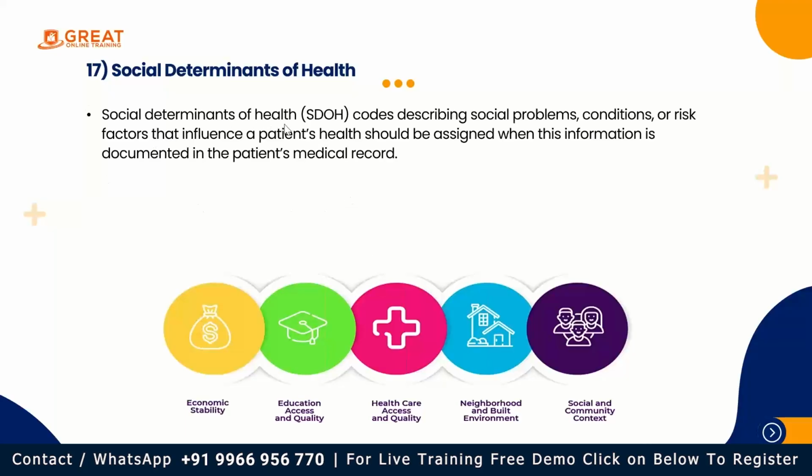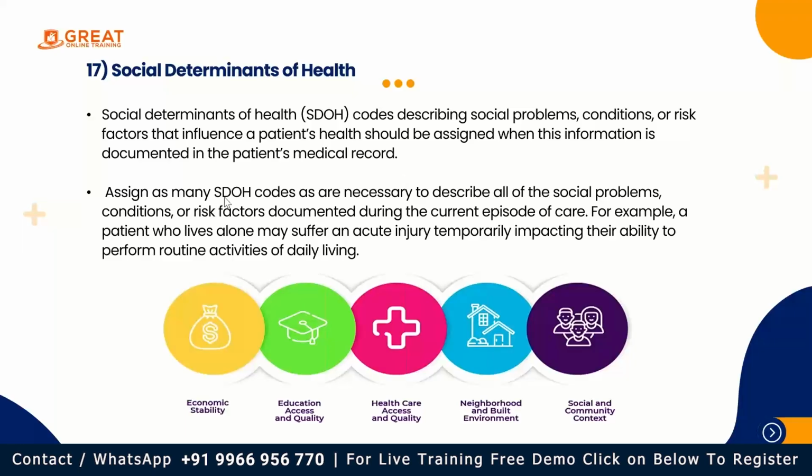Social determinants of health, SDOH codes describing social problems, conditions or risk factors that influence a patient's health should be assigned when this information is documented in the patient's medical record. Assign as many SDOH codes as are necessary to describe all the social problems, conditions or risk factors documented during the current episode of care.